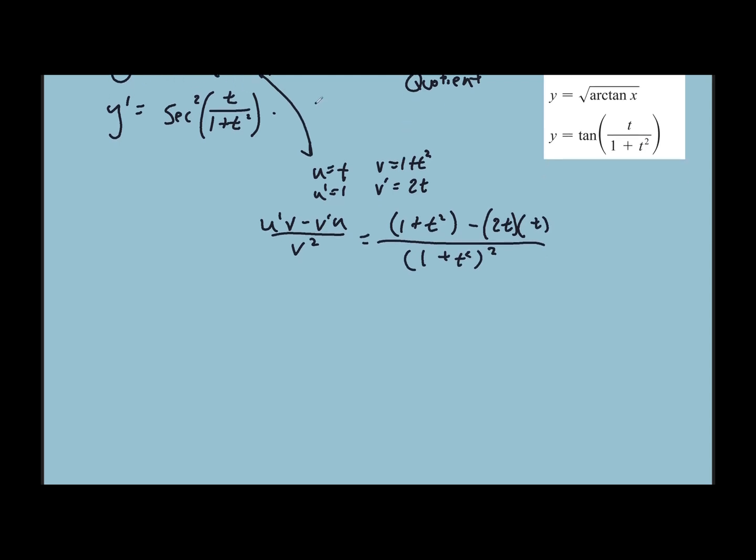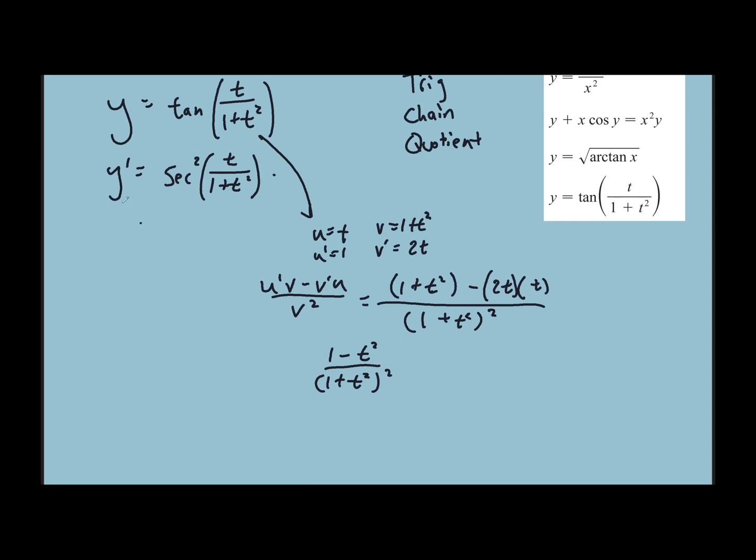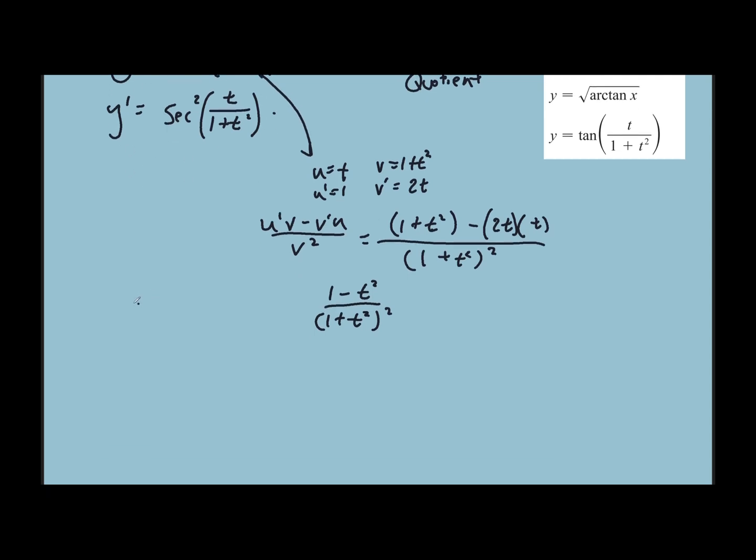So what do we end up with? We get a 1 plus t squared minus 2t squared. So we get a (1 minus t squared) over (1 plus t squared) squared. Okay. So that'll go right into our y prime that we've already solved before, so we can just put that in front.